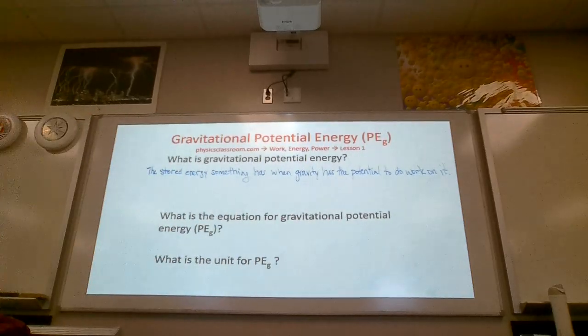The stored energy something has when gravity has the potential to do work on it.